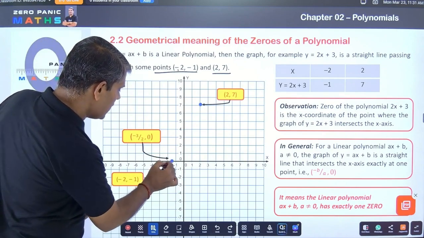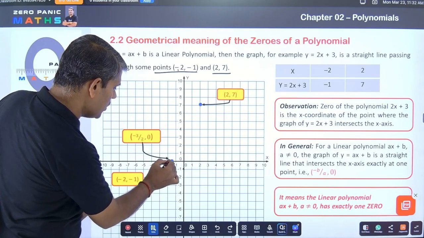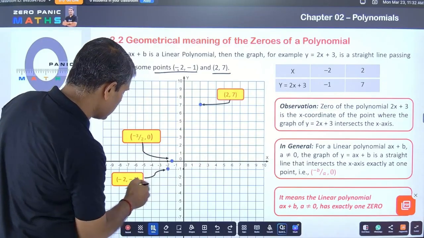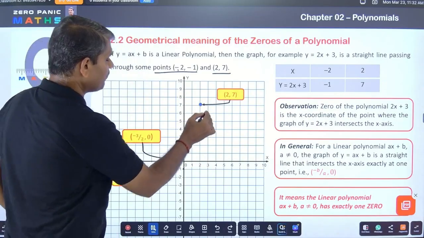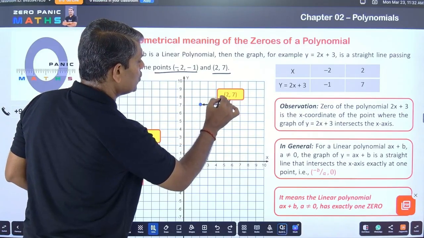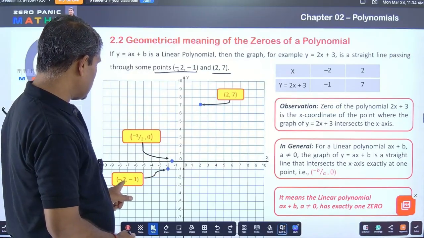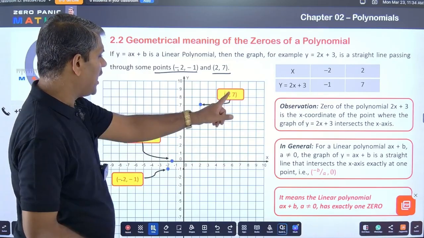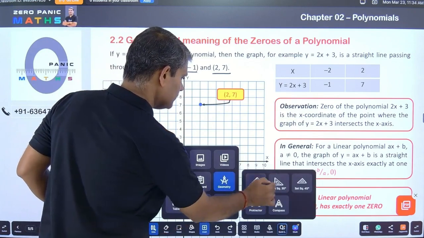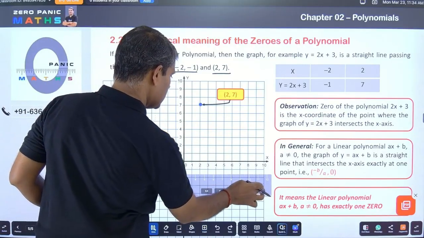If you make a crossover of these 2 points, you will get this point. Similarly, this is 2 on the x-axis and the y value of 7, it is 2, 7. Now let us draw a straight line connecting these 2 points, minus 2, minus 1 and 2, 7. Let me take the ruler for that. So let us keep this.